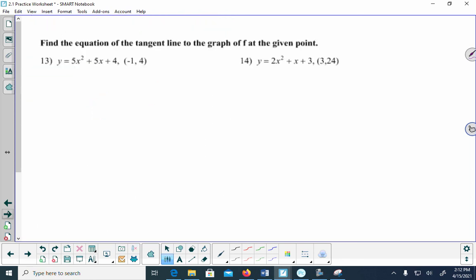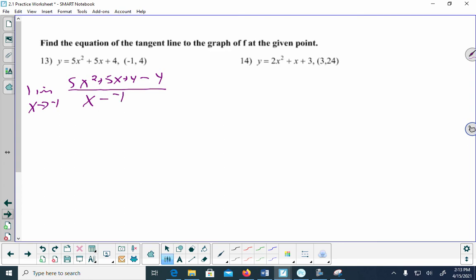Okay, and then 13 and 14, it says find the equation of the tangent line of the graph at the given point. So I'm going to do the same thing I've been doing, but then I'm going to take it one step further. So I'm going to do the limit as x approaches negative 1 of f of x minus f of c, which is 4, all over x minus a negative 1.